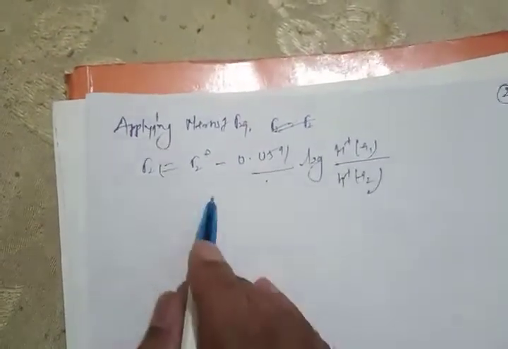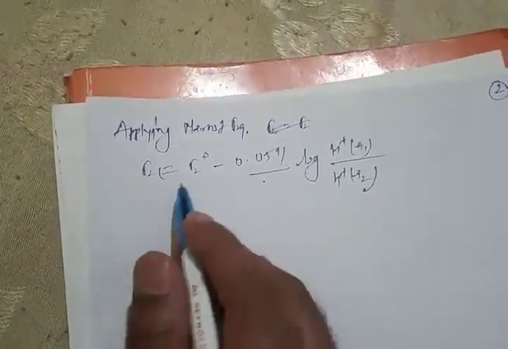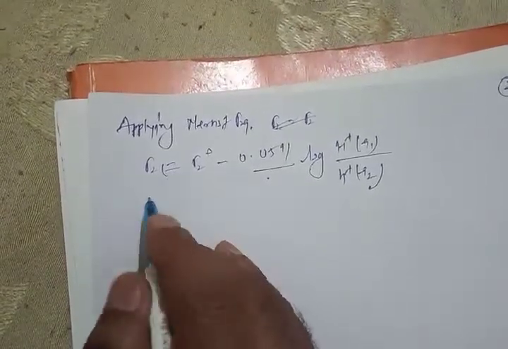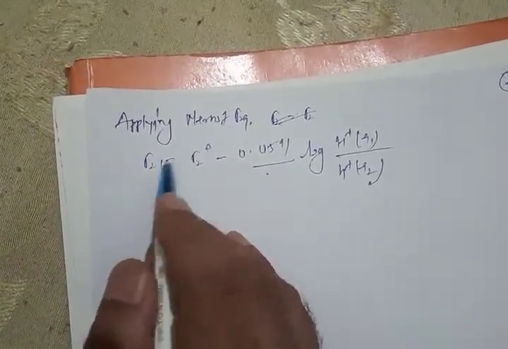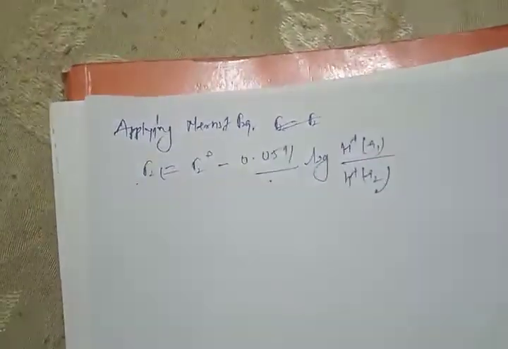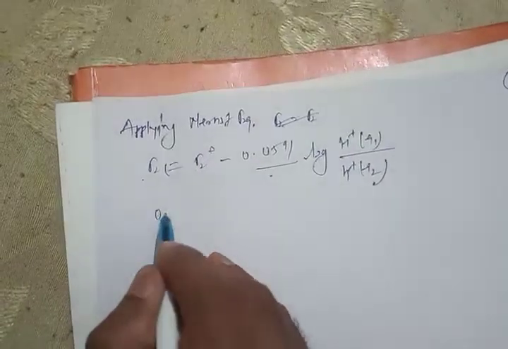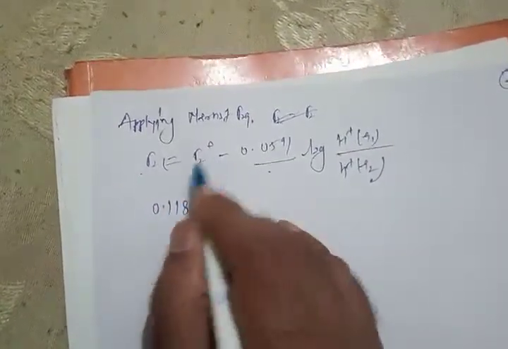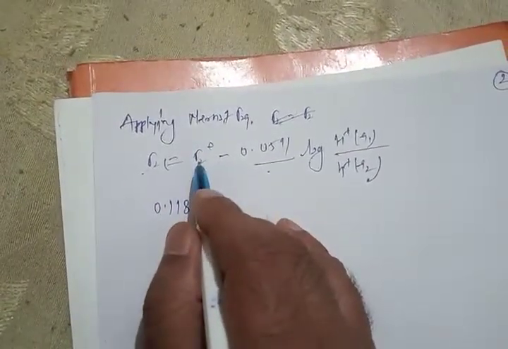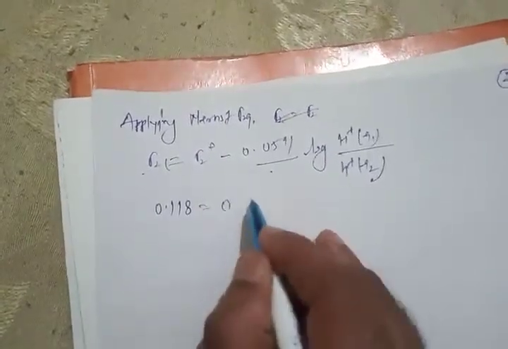Then we will write the values. These values you have been given in the question. The EMF of the cell is 0.118. You all know that E naught is always 0 in the case of hydrogen, so this is 0.